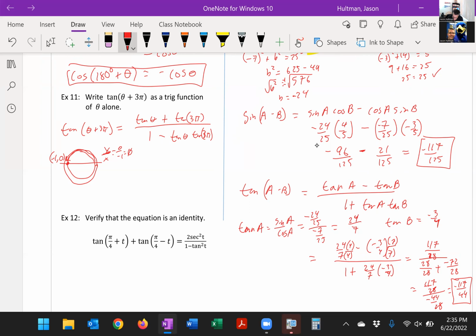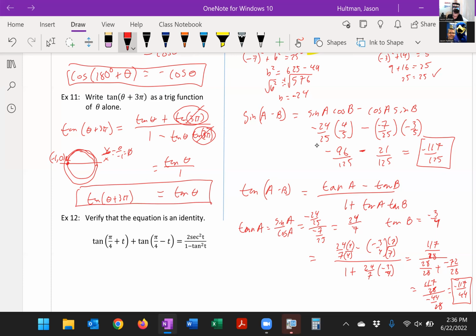So tangent of theta plus the tangent of 3 pi. Again, we said that the tangent of 3 pi was 0. If this is 0, then the whole bottom is just 1, because tangent of theta times 0 is 0. So this just becomes tangent of theta over 1, which is just the tangent of theta. So it didn't matter if I added a pi or not. I could rewrite the tangent of theta plus 3 pi, which is really like the tangent of theta plus pi, as just equal to the tangent of theta.